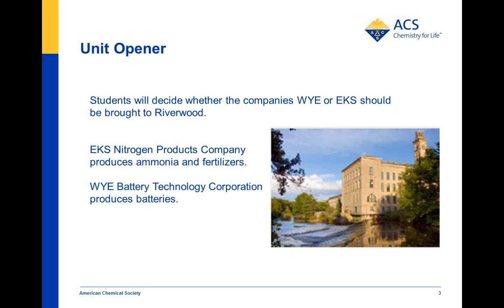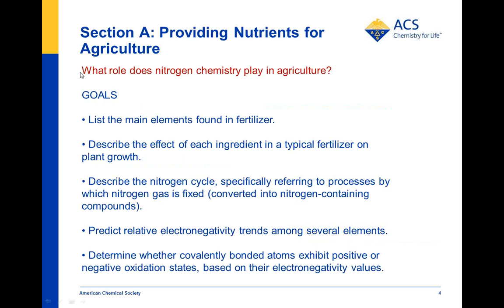So students will weigh whether either one of those companies or neither should come to the town of Riverwood, and they'll end the unit with another town council, such as the one they just did in Unit 4 in the water unit. They will decide which company based on what they learn in this unit. So I'm going to switch it over now to Steve, and he is going to go through Section A with you.